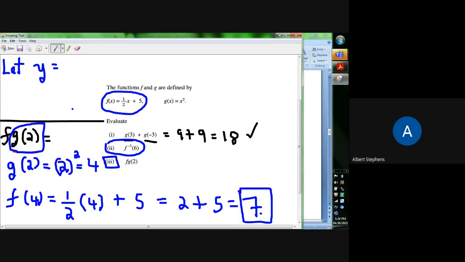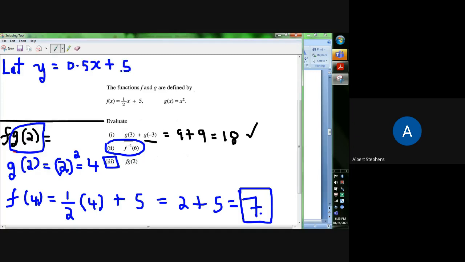The function, a half. To make life easy for us, let's change a half to 0.5. So let y equal 0.5 x plus 5.